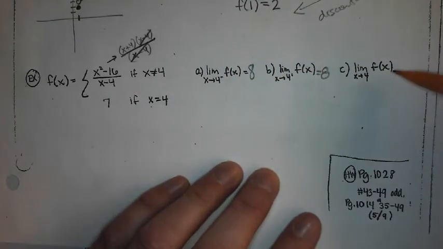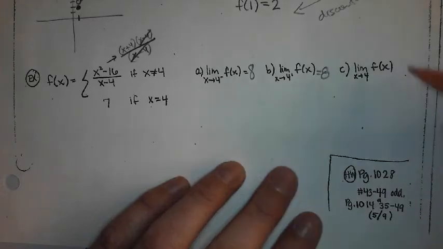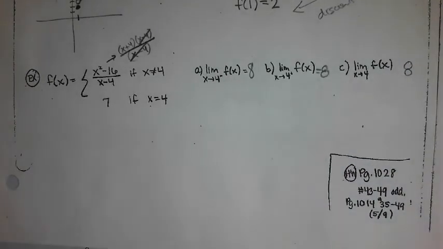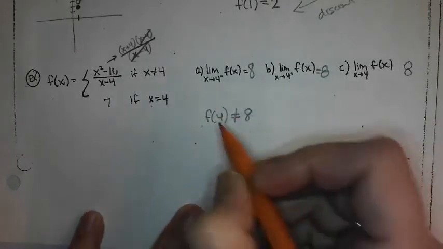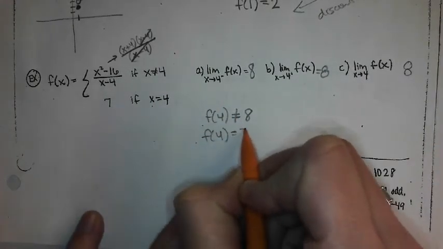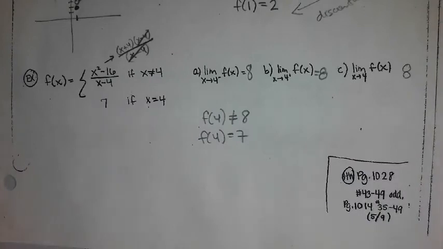So the overall limit, Stephanie, is 8. The fact that f of 4 does not equal 8 and actually equals 7 is really just a discontinuity piece. Okie doke. Any questions?